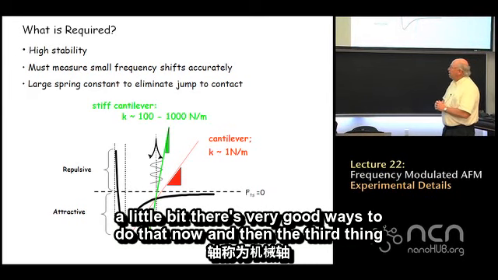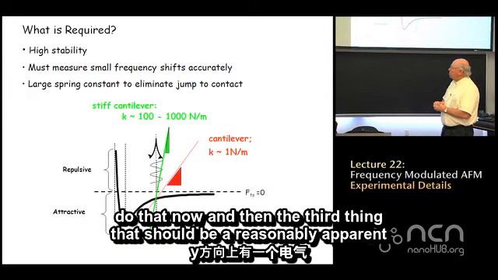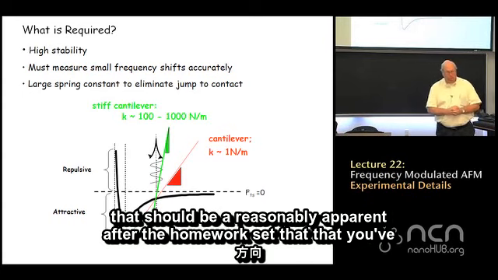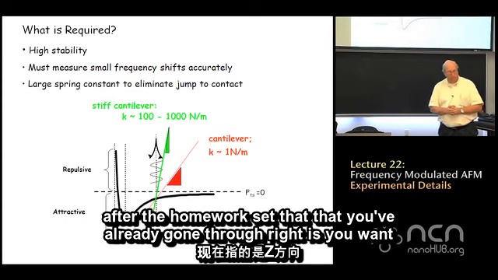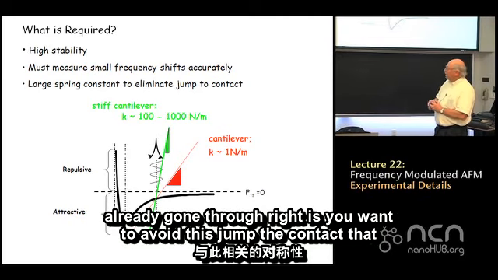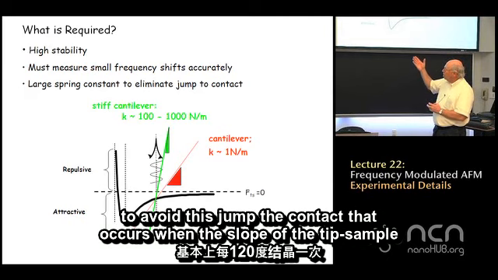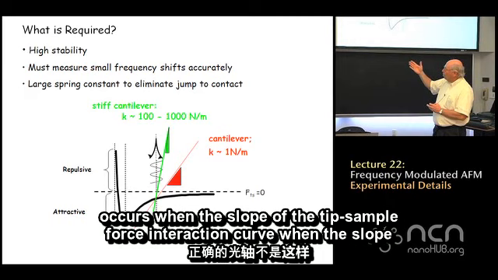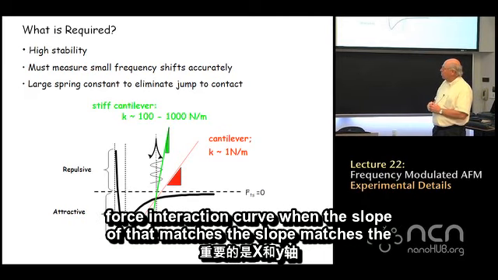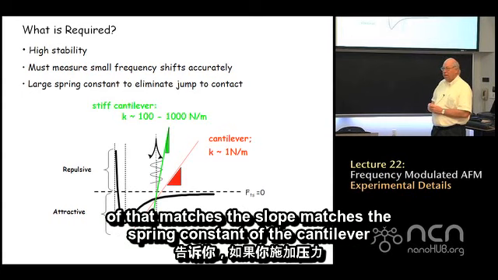And then the third thing that should be reasonably apparent after the homework set that you've already gone through, right, is you want to avoid this jump to contact that occurs when the slope of the tip sample force interaction curve matches the spring constant of the cantilever, right?